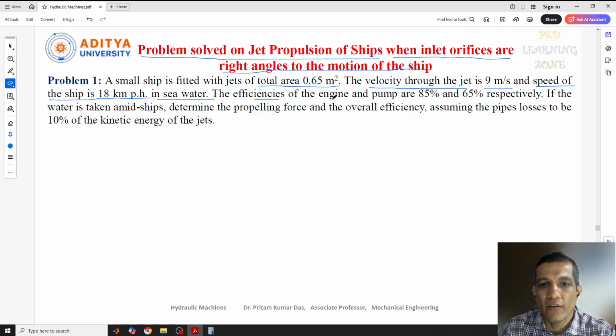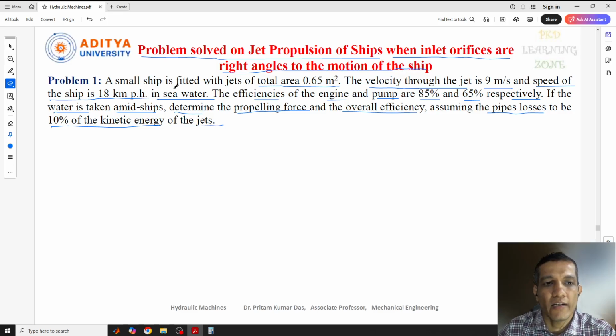The efficiencies of the engine and pump are 85% and 65% respectively. If the water is taken amidship, in the sense middle of the ship, determine the propelling force and the overall efficiency, assuming the pipe losses to be 10% of the kinetic energy of the jets. So this is the question given.